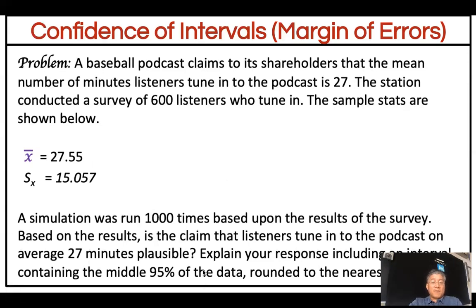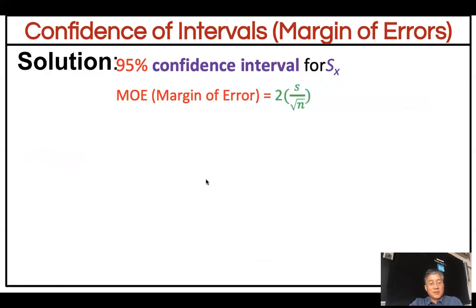So we should get the confidence interval, but the formula is a little bit different. Do you remember the formula? That was the margin of error: 2 times the population standard deviation.